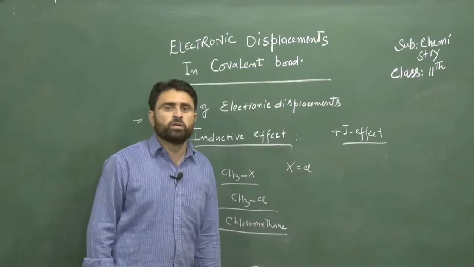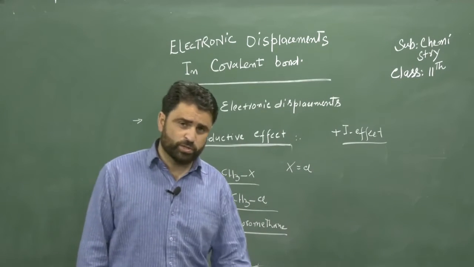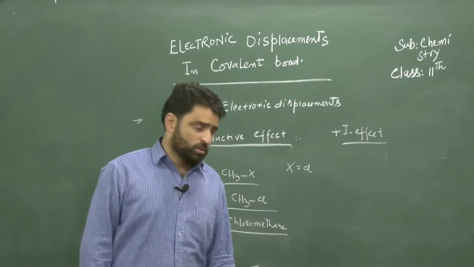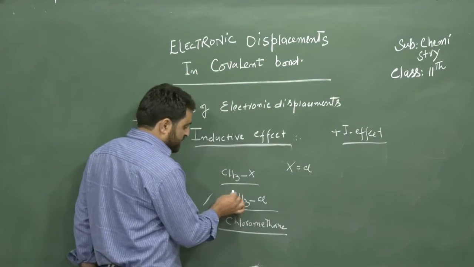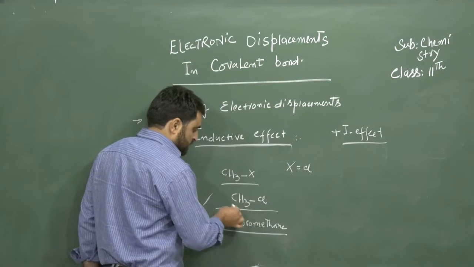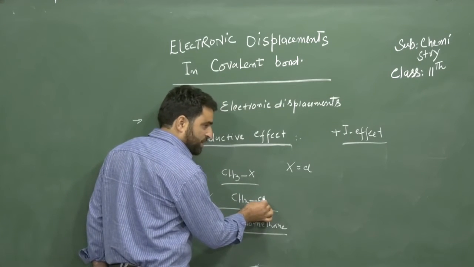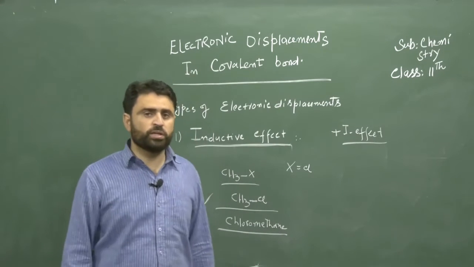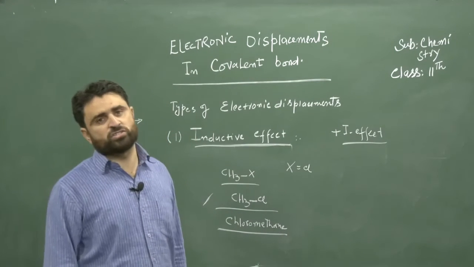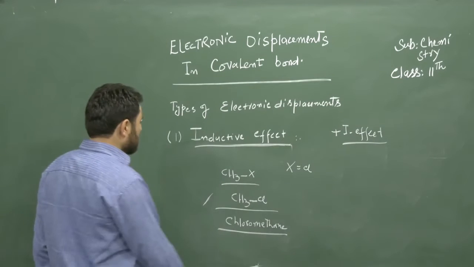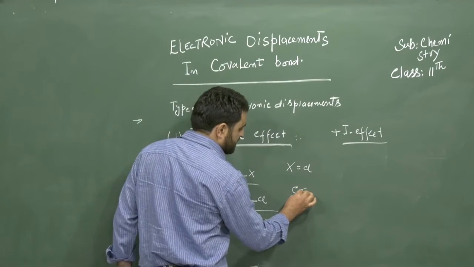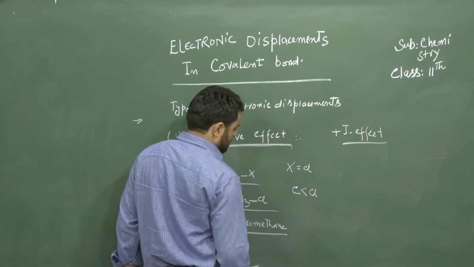But we know chlorine is more electronegative than carbon. Therefore, this CH3 group will donate electron, or this chlorine will withdraw electron from the methyl group. Why? Because carbon is less electronegative than chlorine.